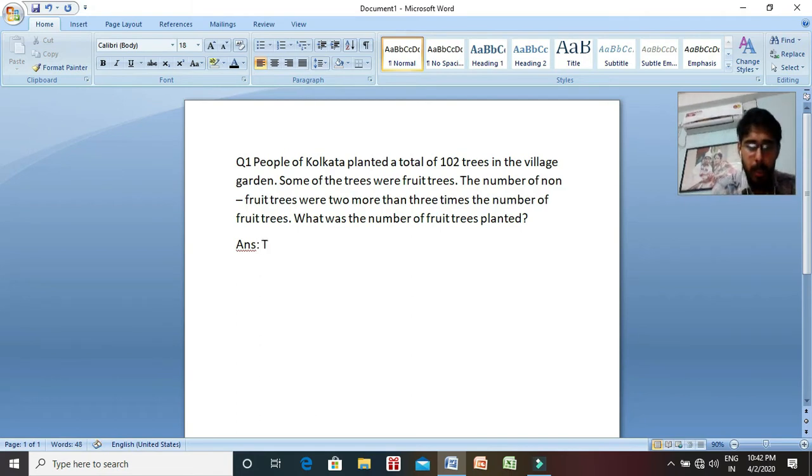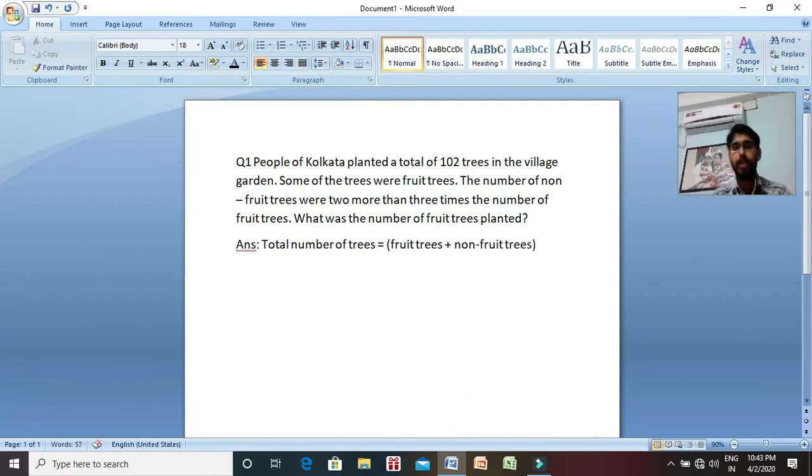So the first statement goes like this: total number of trees should be equal to a combination of fruit trees plus non-fruit trees. According to the question, there are two kinds of trees, fruit trees and non-fruit trees, and the total number of them is 102.